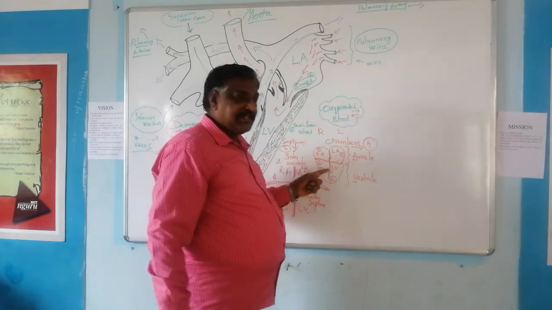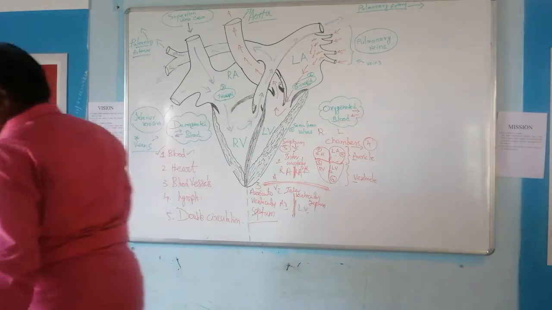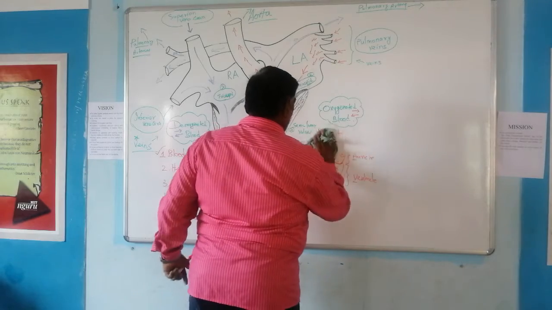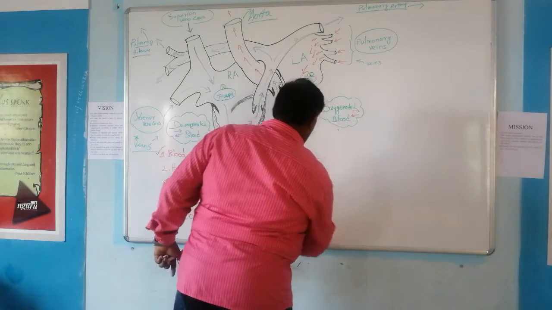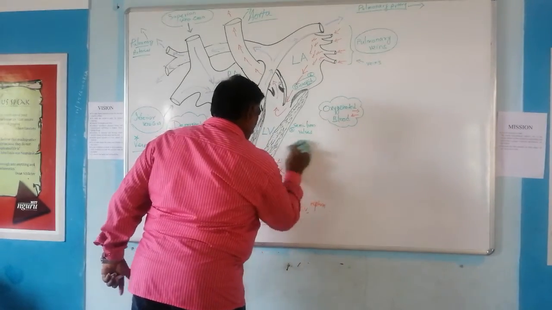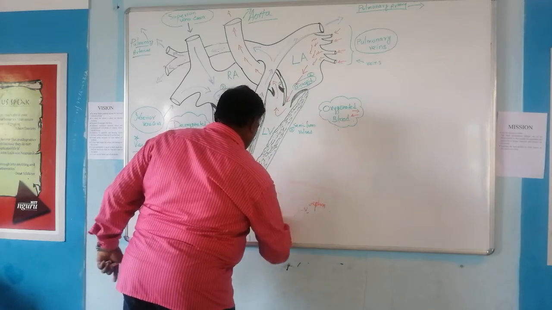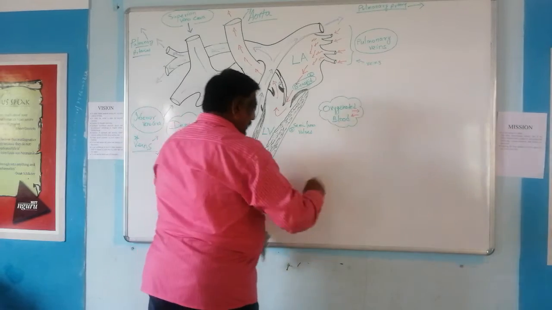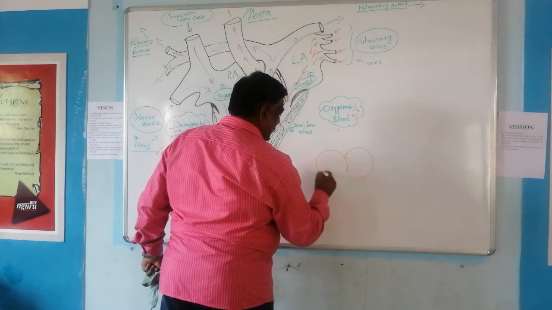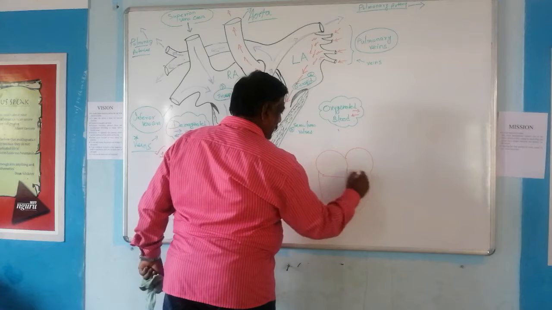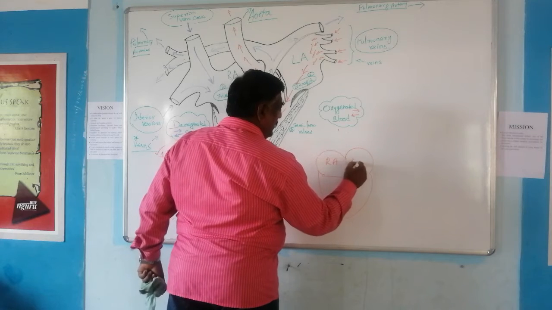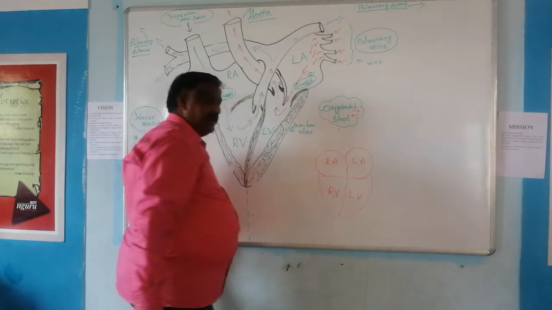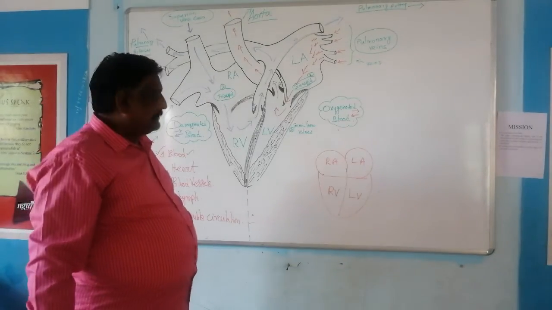Now how will you mention the chambers? You can mention them easily as 4: right auricle, left auricle, right ventricle, left ventricle. There are 4 chambers. Clear?